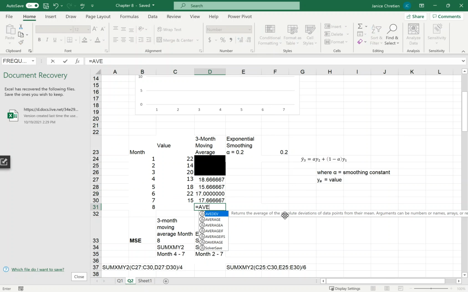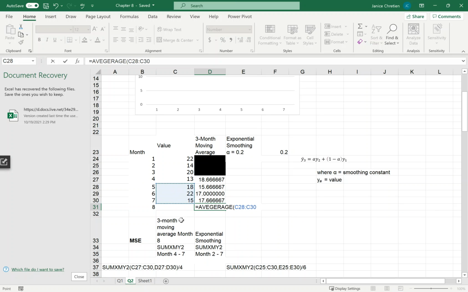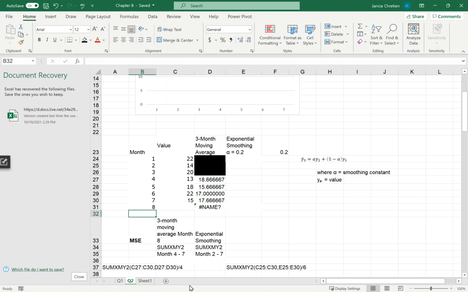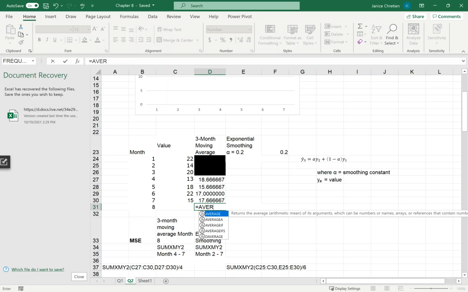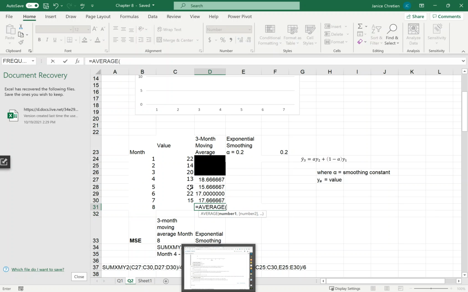And month 8 is going to be the average of 5, 6, and 7. You have to know how to spell, I guess. Equals average. Who knew there was spelling in math?